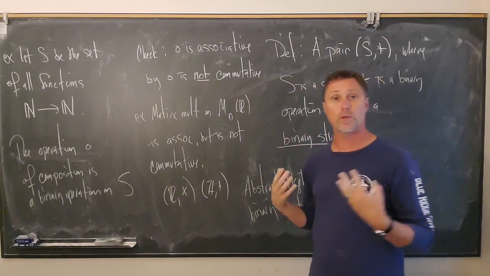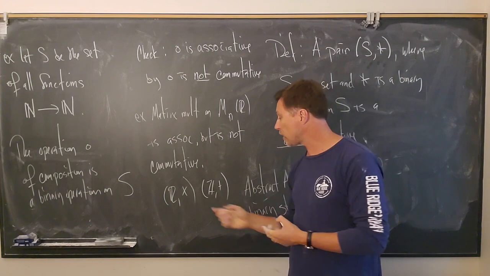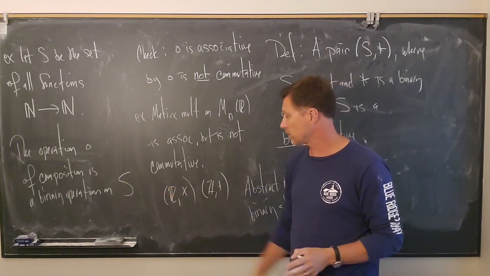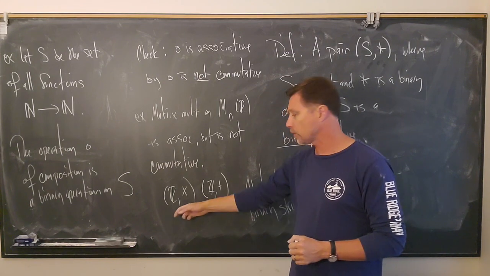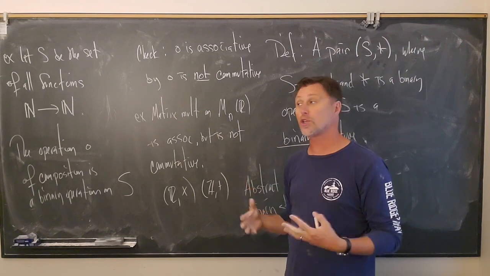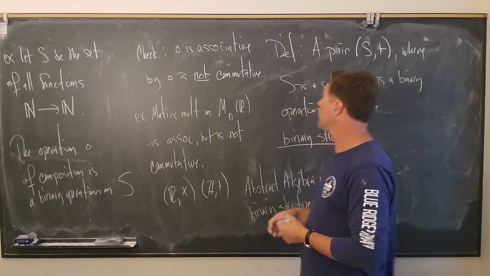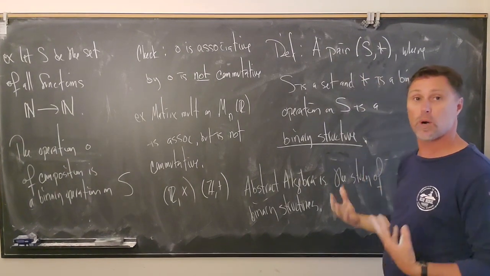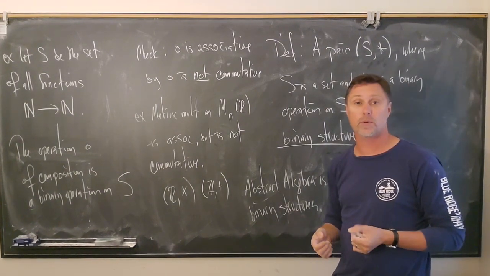And that's what we're doing in abstract algebra. We're generalizing the familiar notions of arithmetic that you've learned since first grade, how to add numbers, how to multiply numbers, and so on, into more arbitrary abstract settings. So in general, if you have a set and a binary operation, that's what we're interested in when it comes to abstract algebra.